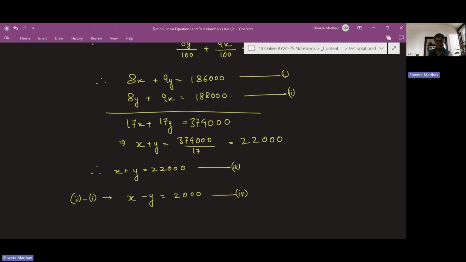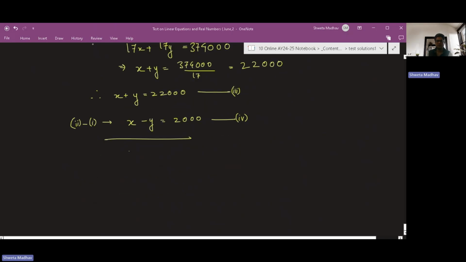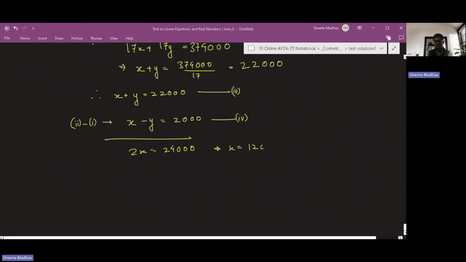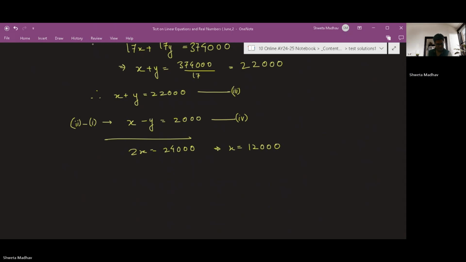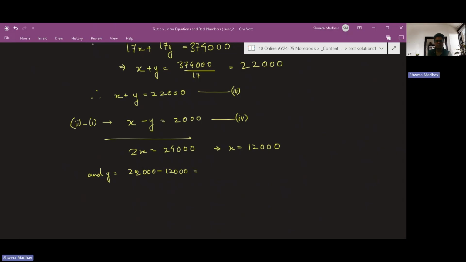Now if we add equations 3 and 4, then we will get 2x equals 24,000. So therefore x will be equal to 12,000. And therefore y will be equal to 22,000 minus 12,000, that is equal to 10,000.